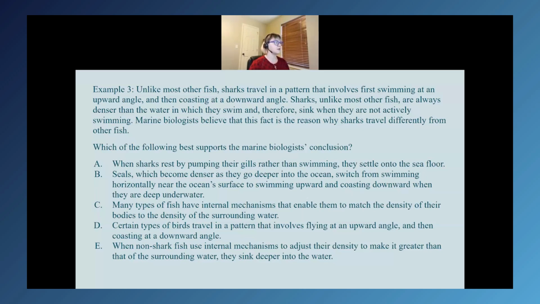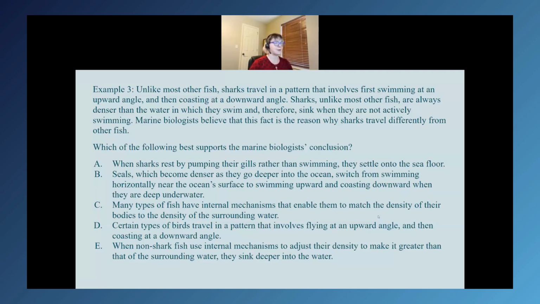But when they are deep underwater and they're more dense than the water in which they're swimming, they swim like sharks do. This gives us an example of when the proposed cause, density, is present, the proposed effect occurs, and when the proposed cause, relative density, is not present, the proposed effect does not occur. So B is looking pretty good.